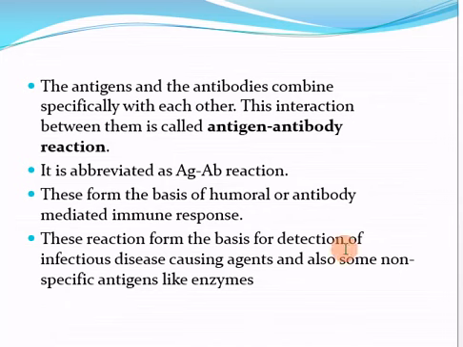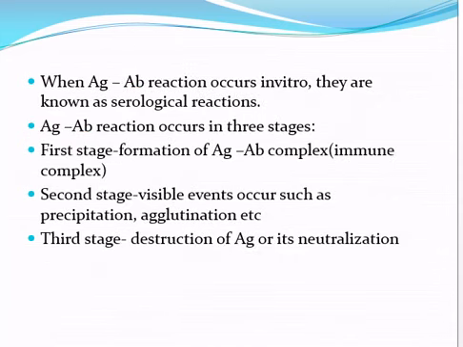And our body normally produces antibody specifically against the antigen, and this production of antibody is called humoral mediated response. If our body produces antibody and acts against the pathogens, that is called humoral or antibody mediated immune response, okay?